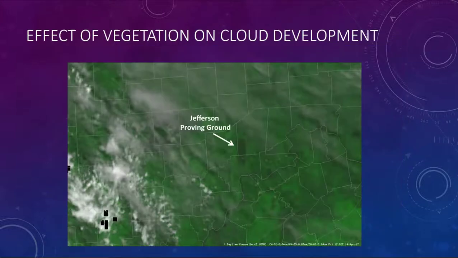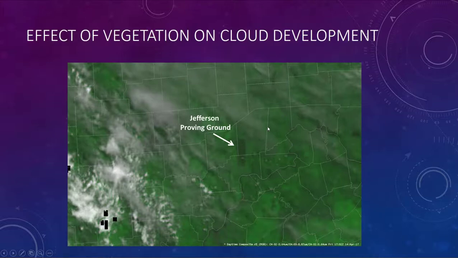I'll switch gears to a different RGB. This was in the early stages of when we were getting our products, and one of the other forecasters here, Brian Schuttmer, noticed something interesting. Jefferson Proving Ground is this sort of forested area in our far north CWA. We share that with Wilmington and Indianapolis. In this case, this was early in the afternoon, about 12 o'clock there, 1 o'clock there.